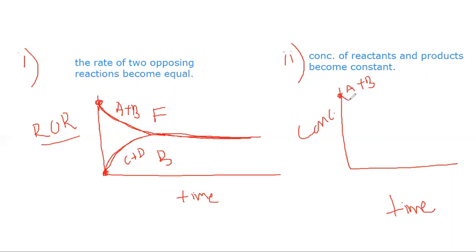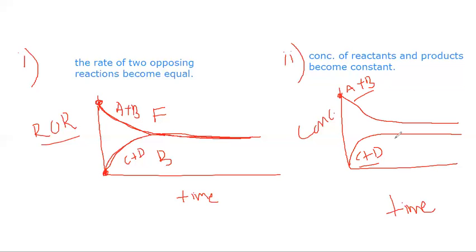Their concentration is decreasing because products are formed, and the time comes when their concentration becomes constant, not decreasing further, and the products C plus D are formed. The time comes when the concentration of C plus D becomes constant, not increasing further. Reactants stop decreasing further and the products stop increasing further.